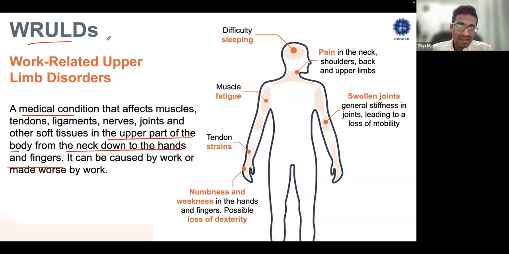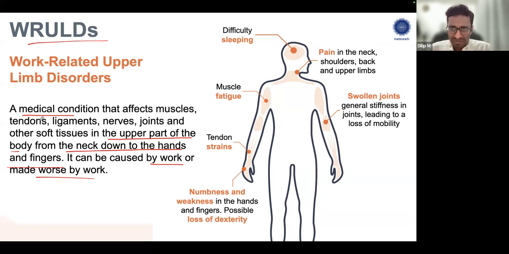It can be caused by work or made worse by work. Any medical condition that affects the upper limb comes under WRULD, upper limb disorder.